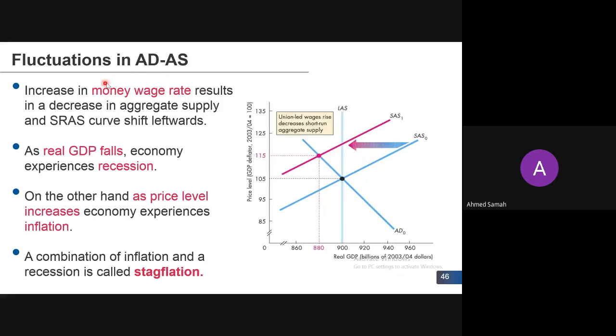Because they have to incur more cost, they will reduce the amount they are supplying. So there will be a shift in the short-run aggregate supply curve to the left.